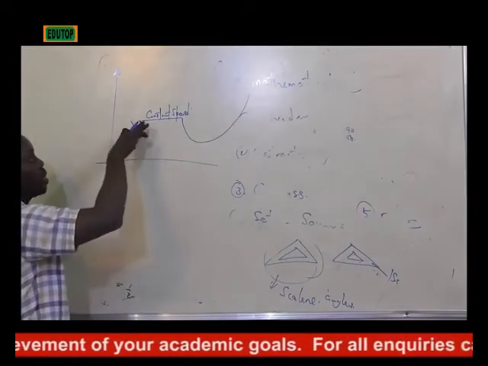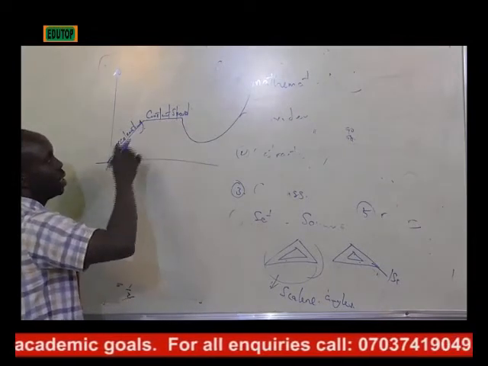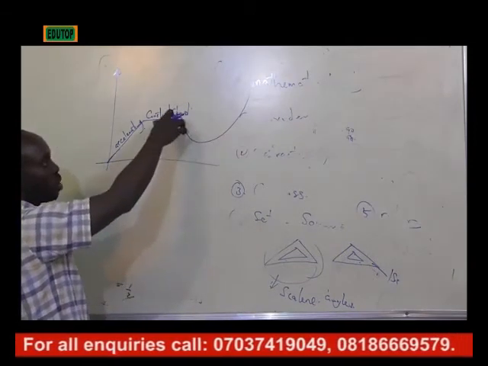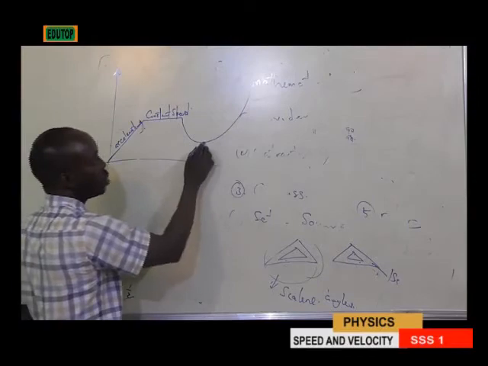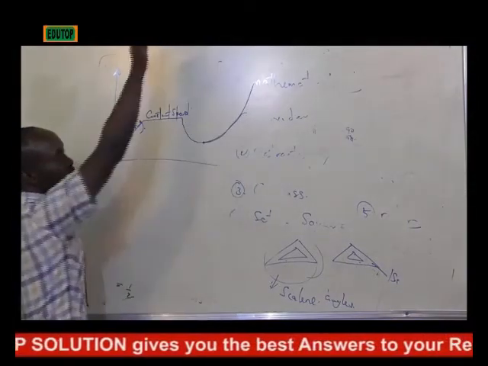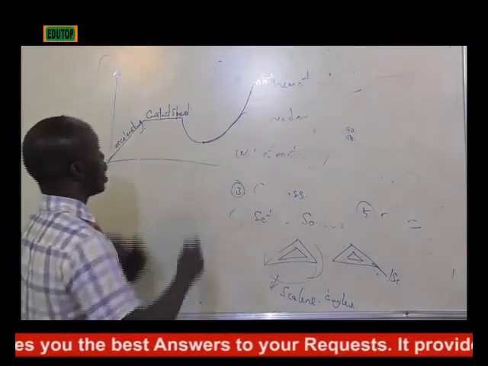Now, you get to a point that you are maintaining, let's say, 80. Suddenly, you decide to decelerate. Maybe you press your brake for it to go down. Before the vehicle goes off, you put your leg on the accelerator again. The car started speeding. Do you understand? So that is what is actually happening here.